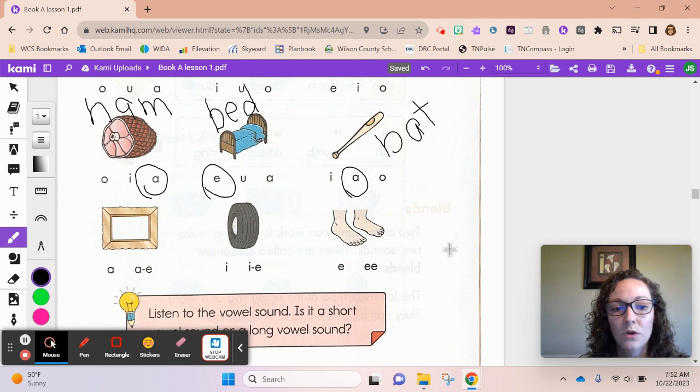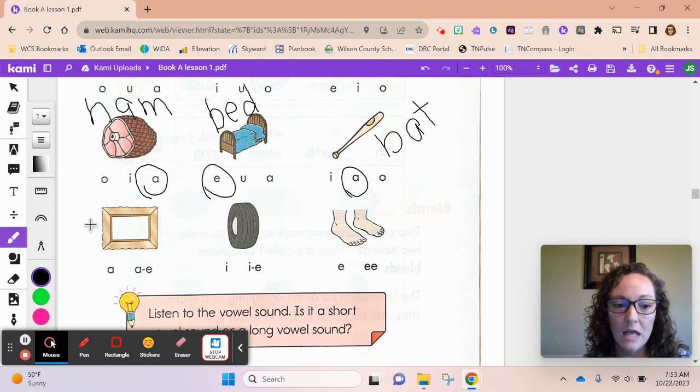Okay, this last row, we are looking at either the short vowel sound or the long vowel sound. And if you remember, when we have a silent E at the end, the vowel says its name. And then if we have two vowels together side by side, the first vowel says its name. So this first picture right here is a frame.